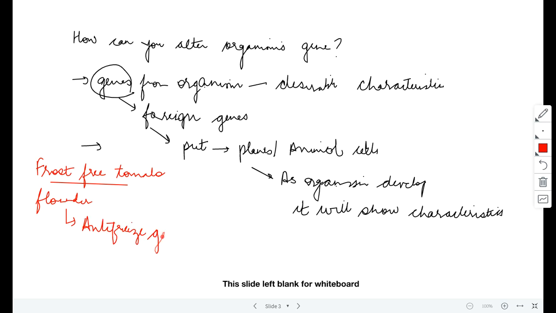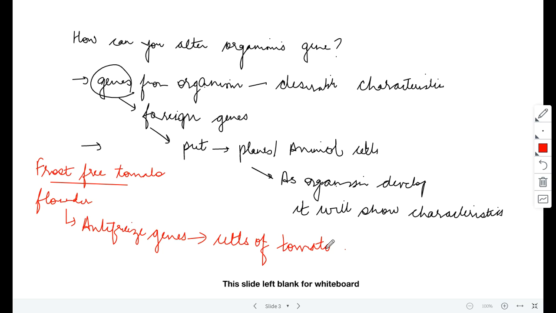Now these antifreeze genes are put into the cells of the tomato. So when it is inserted into the cell of the tomato, what is going to form?